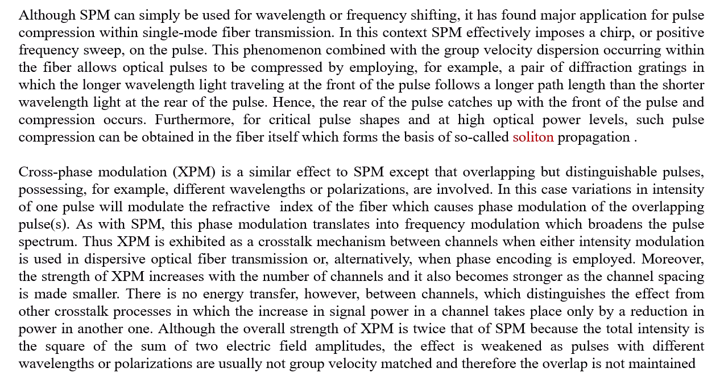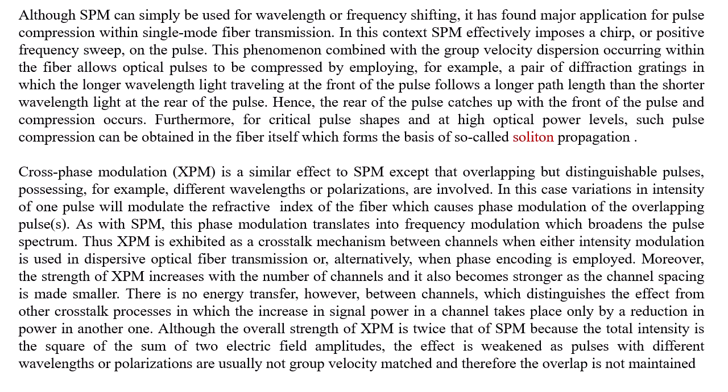As with self-phase modulation, this phase modulation translates into frequency modulation, which broadens the pulse spectrum. Thus, cross-phase modulation is exhibited as a crosstalk mechanism between channels when either intensity modulation is used in dispersive optical fiber transmission, or alternatively when phase encoding is employed.